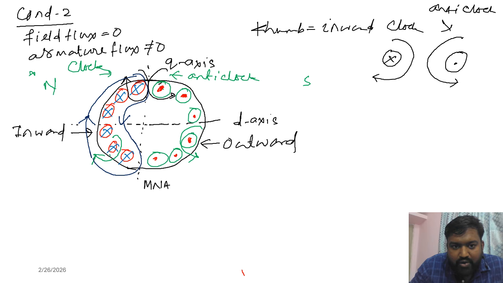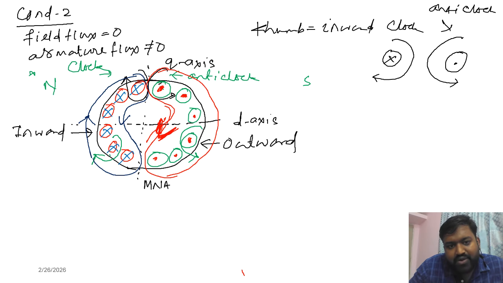Now come to the right hand side. If all the conductors are outward, the magnetic lines will go anti-clockwise. If I put the summation here, the magnetic lines will go downward, in an anti-clockwise loop.